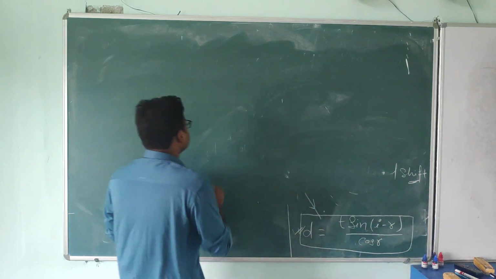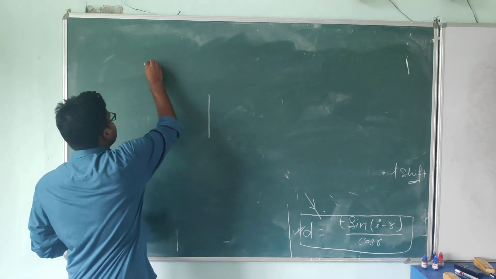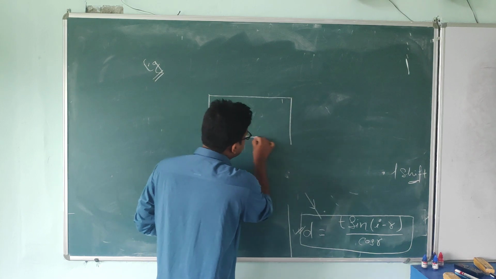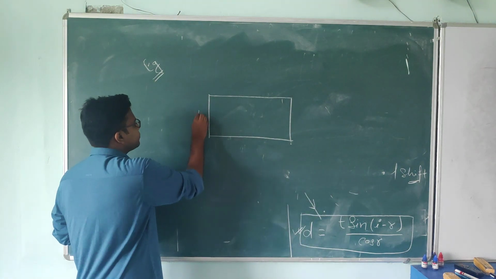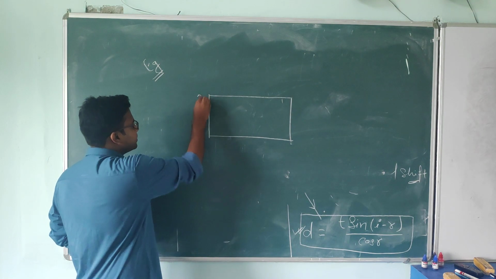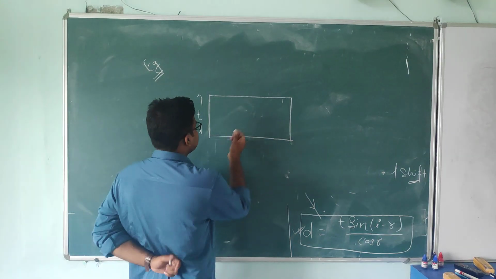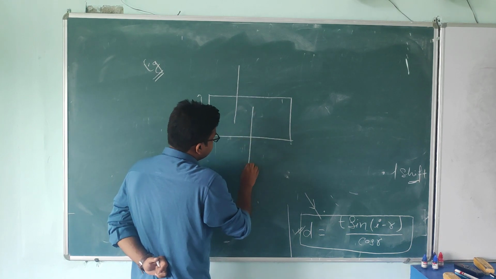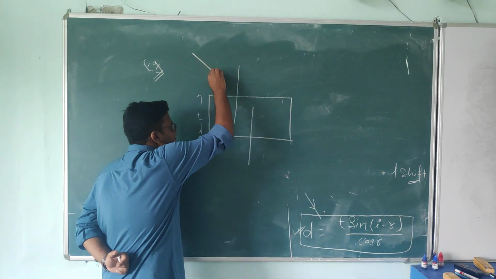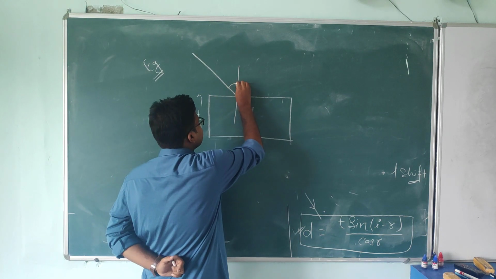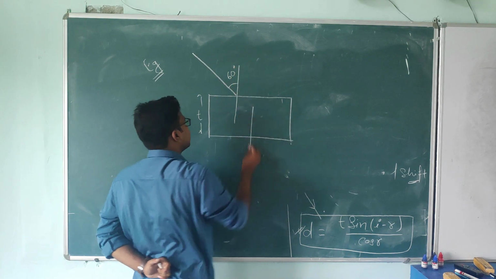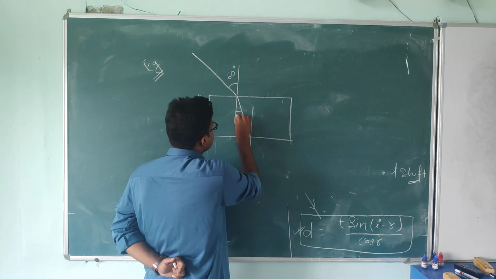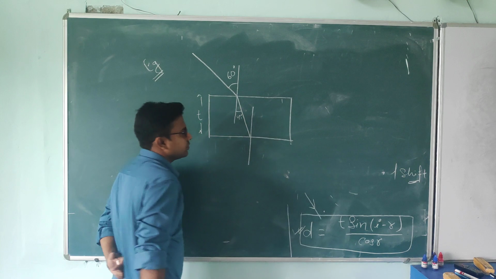So student, in the example here, we have a parallel sided refracting glass slab, and I am assuming the thickness of this glass slab is t. I am not going to take the refractive index. Wait, I draw the normal. A ray of light is incident here with the angle 60 degrees, and this refracted angle is 45 degrees, okay student.